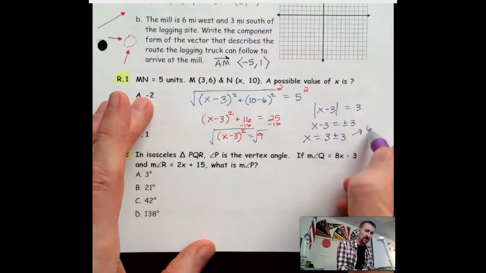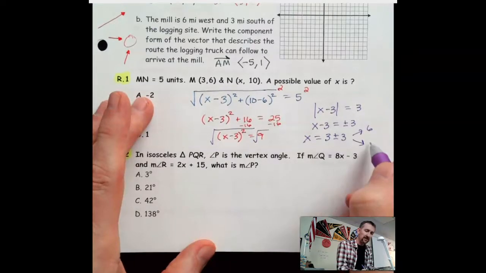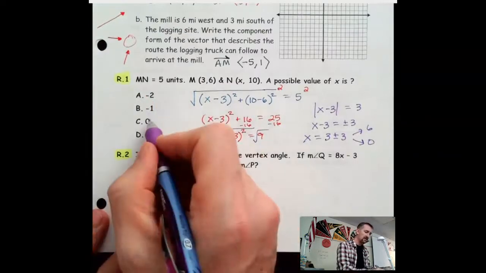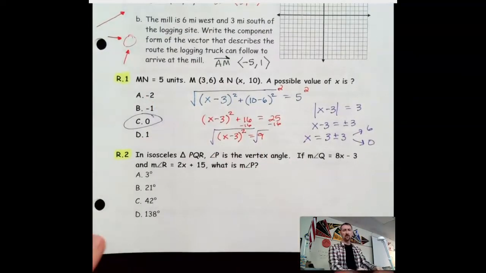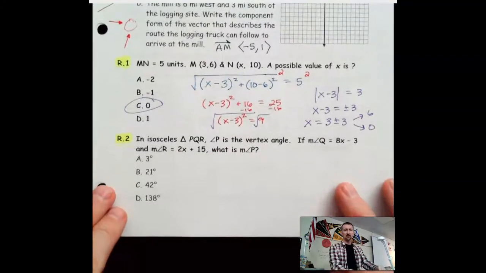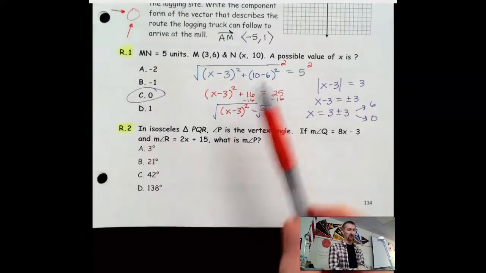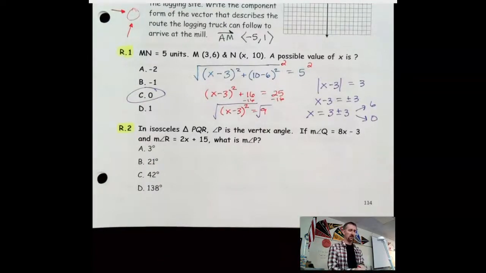So 3 plus 3 is 6, and 3 minus 3 is 0. And we don't have 6 as a choice, but we have 0. So that's the answer. Now, if that was too rough, what you can do, again, is you could plug those in. You could try, guess, and check, some things like that.